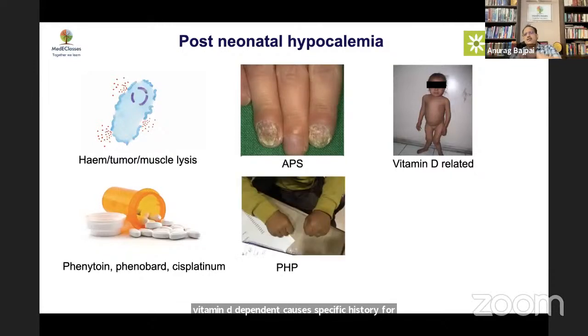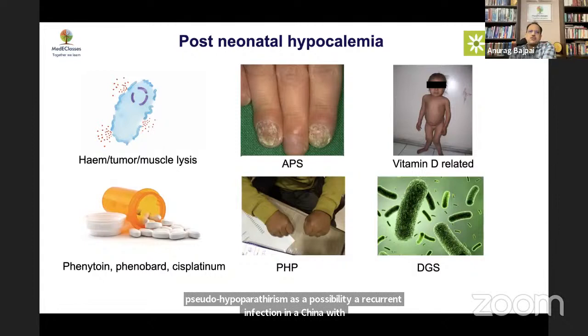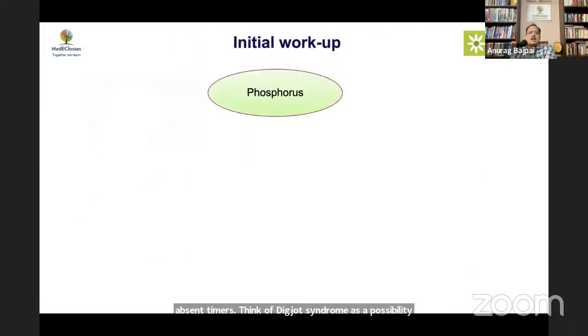If you have brachymetacarpia, short fourth metacarpal, calcification, or cataract, think of pseudohypoparathyroidism as a possibility. Recurrent infection in a child with absent thymus, think of DiGeorge syndrome. Also ask for features of renal failure, liver disease, and malabsorption.